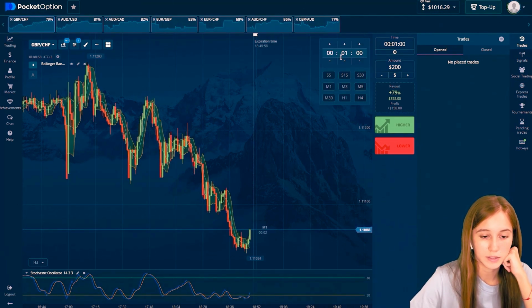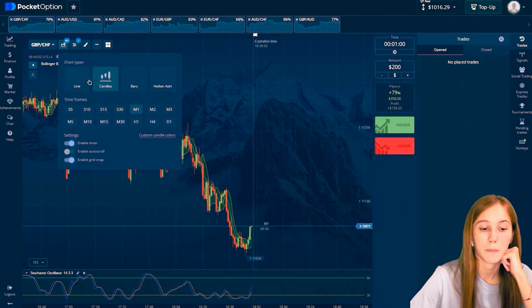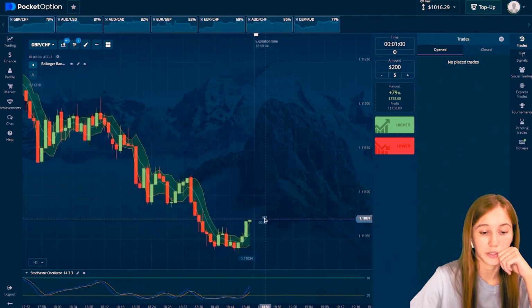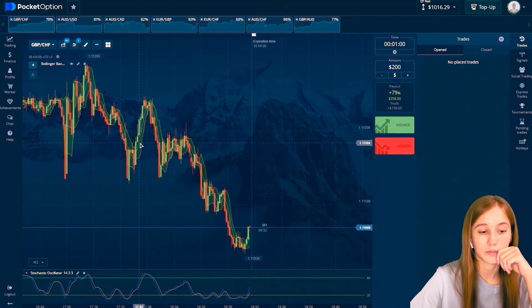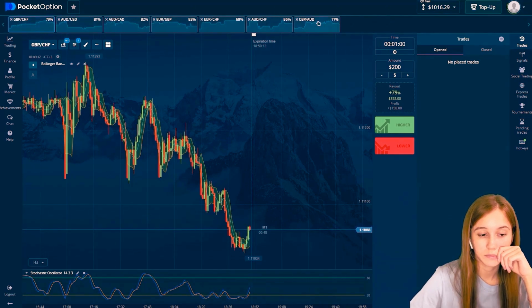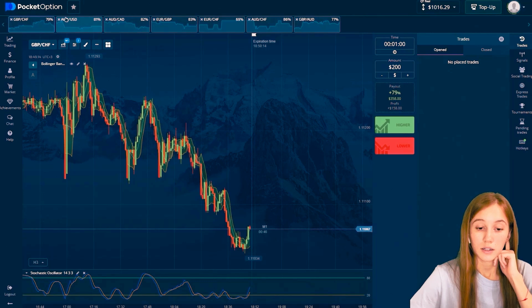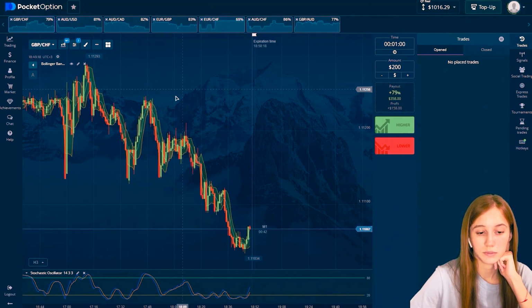Our parameters: deal time is 1 minute, time frame on our chart also 1 minute. This is the time with which the candle is shown on the chart and changes accordingly. Currency price, you can see it in the upper corner.